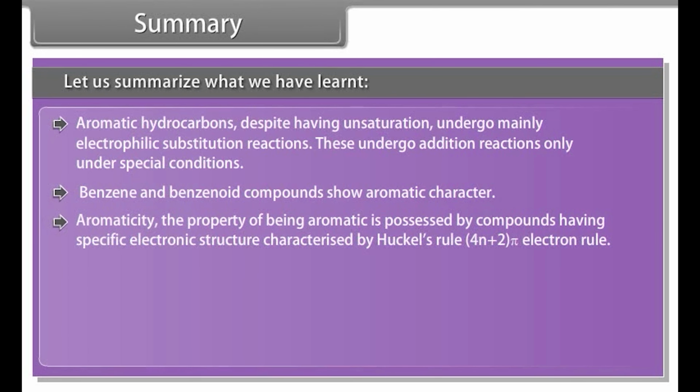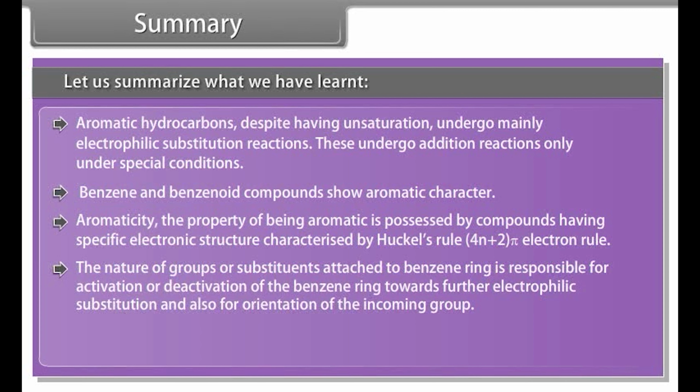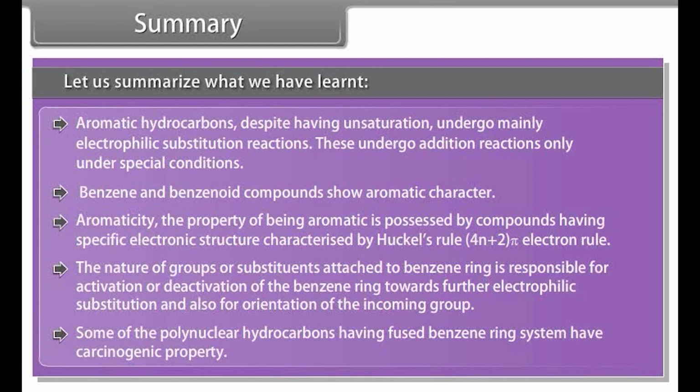Aromaticity, the property of being aromatic, is possessed by compounds having specific electronic structure characterized by Huckel's rule, the 4n+2 pi electron rule. The nature of groups or substituents attached to the benzene ring is responsible for activation or deactivation of the benzene ring towards further electrophilic substitution and also for orientation of the incoming group. Some of the polynuclear hydrocarbons having fused benzene ring system have carcinogenic property.